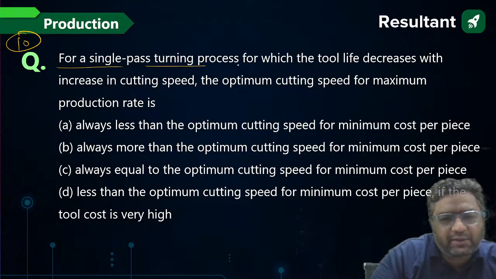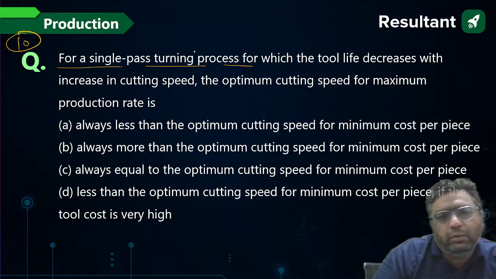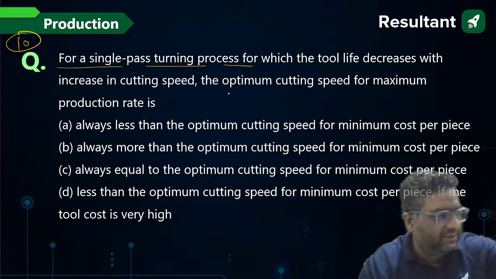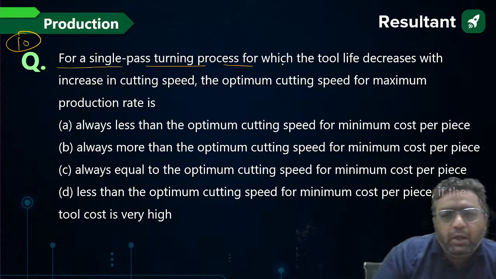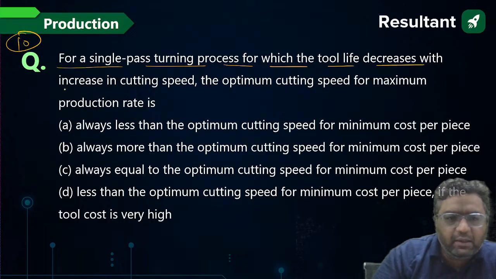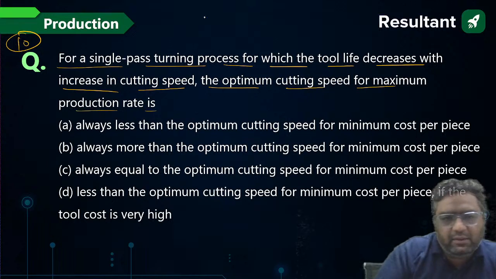For a single pass turning process, this is a question from economics of machining. For a single pass turning process, for which of the following, okay, for a single pass turning process, for which the tool life decreases with increase in cutting speed? The optimum cutting speed for maximum production rate is.